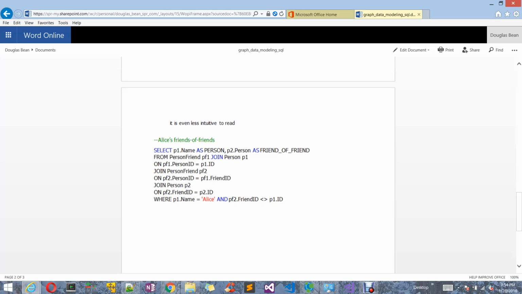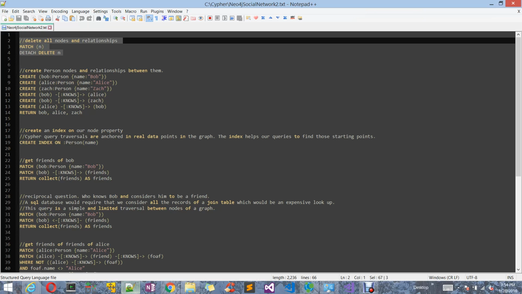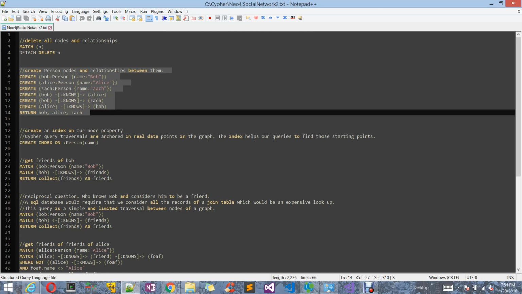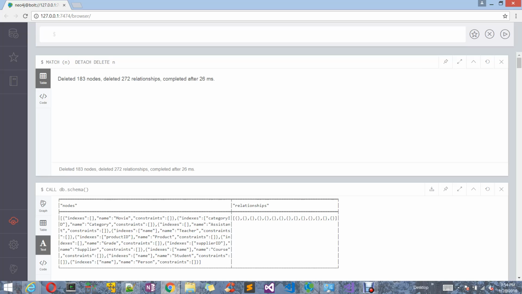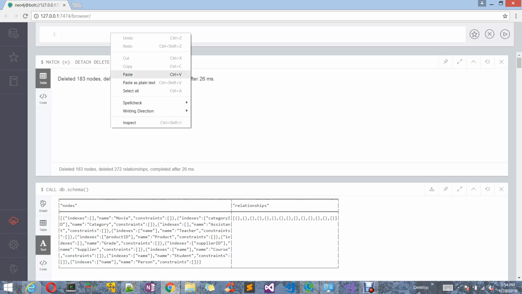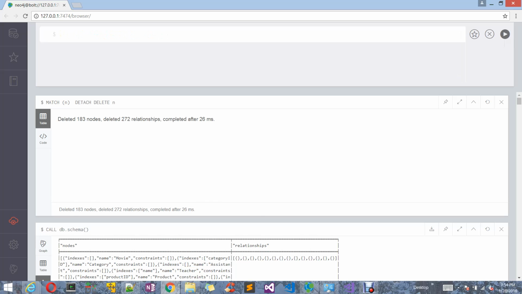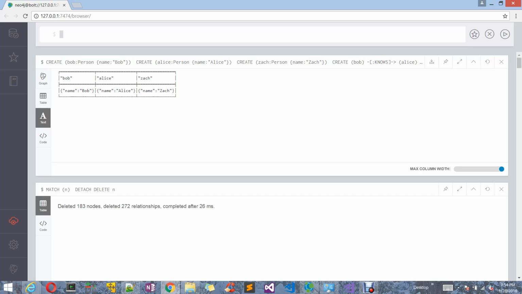Now let's model the same social network in a graph database with Neo4j. Here is some Cypher code to create some person entities and some relationships between them. We'll copy it into the Neo4j browser and execute it. And here is our social network.